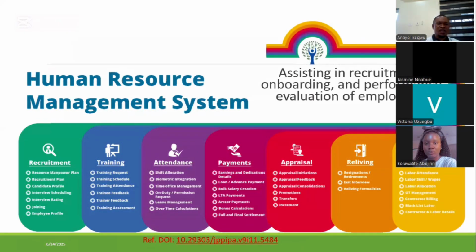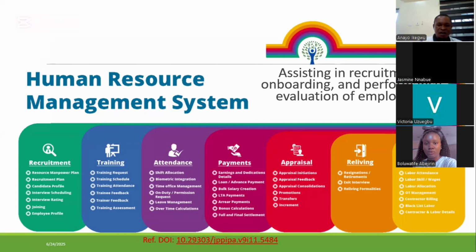We move further to see human resource management systems. How can expert systems be utilized in human resource management, that is HRM? It helps to assist in recruitment, onboarding, and performance evaluation of employees. Very important.